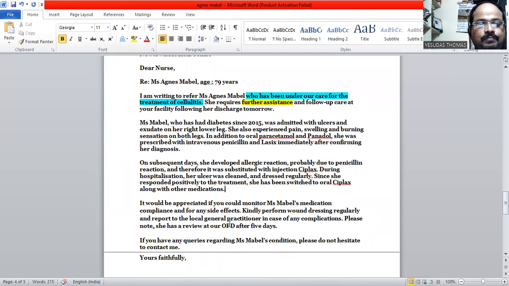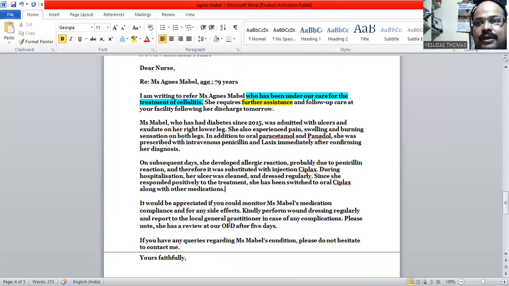Now, we have to mention, we have some past medical history, that is osteoarthritis, and she's on medication Voltaren. So it's not included here, but the diabetic history is mentioned there, which is relevant.